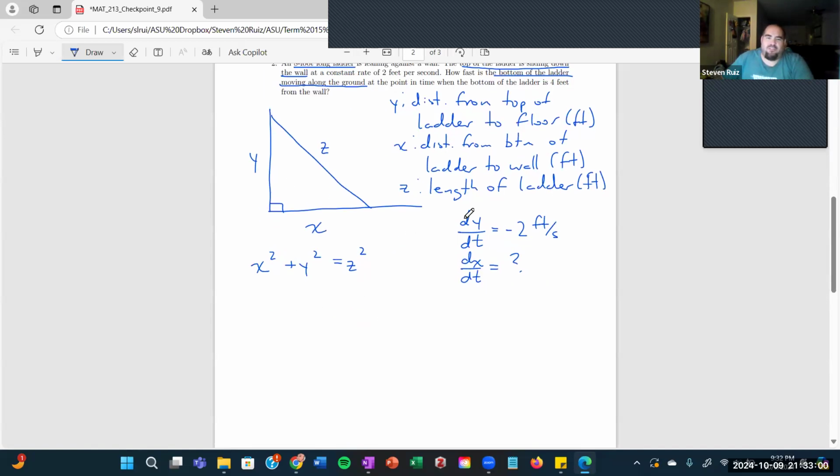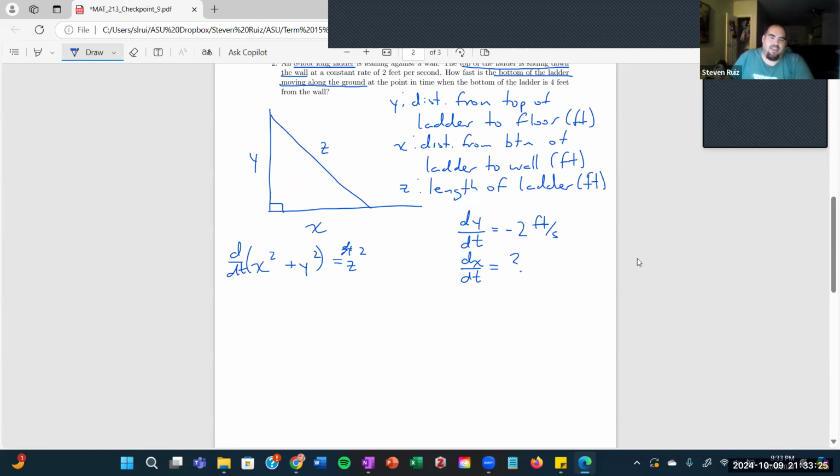So what do we want to do here? I have my equation, I have a rate, and I know what other rate I want to solve for. Here's what I'm going to do: differentiate both sides of this equation with respect to time. So d/dt of x squared plus y squared equals d/dt of z squared. All these terms act the same way.